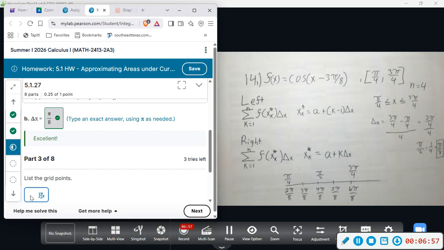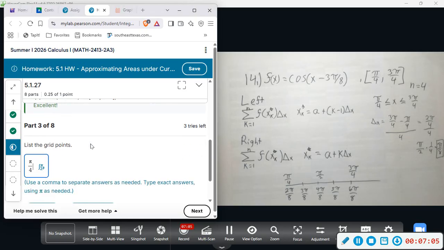So the starting one will be pi over 4. And then 3 pi over 8.